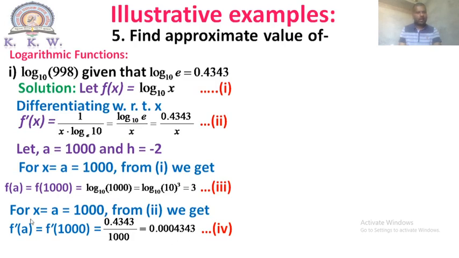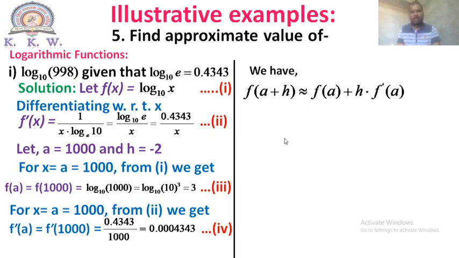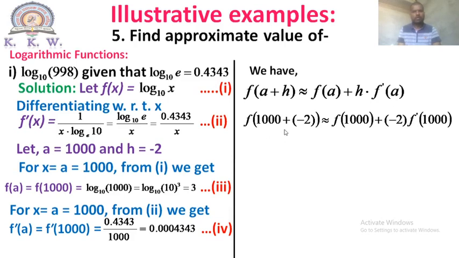That is equal to 0.000434. After finding the values of f of a and f dash of a, we put them in the formula of approximation: f of a plus h approximately equal to f of a plus h into f dash of a. Therefore, f of 1000 minus 2 is approximately equal to f of 1000 minus 2 into f dash of 1000. The value of f of 1000 is 3. The value of f dash of 1000 is 0.000434.